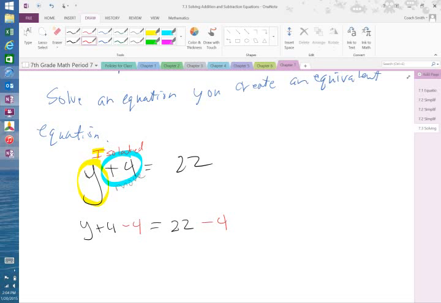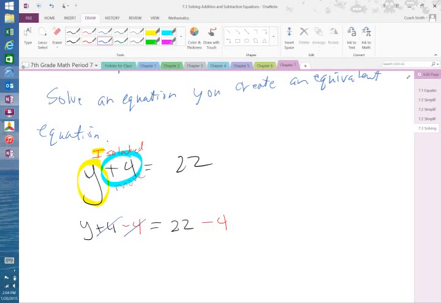Now, on the left side of the equation, when I add 4 to a number and I subtract 4 from a number, they cancel each other out. So in other words, if I take 10 and add 4 to it, I get what? 14.